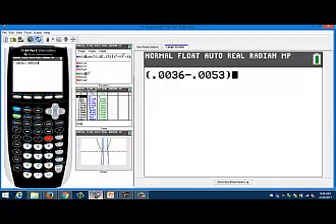I don't need to subtract 0, right? You don't have to do that. Now I just have to do divided by, and then we have the square root, so let me hit second x squared over here. Second x squared. There's my square root symbol.